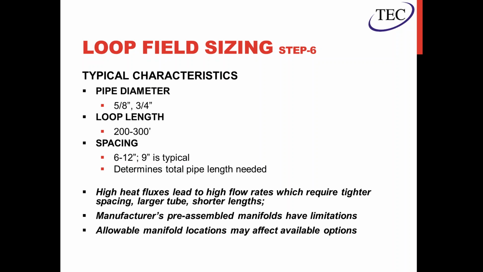The spacing is going to change based on your load and your pipe diameter. If you need a higher heat flux, you're going to have to tighten the tube spacing and go with a larger tube in order to get the amount of heat pushed into the slab. And then to keep pressure drop down, you may also have to go to shorter lengths.